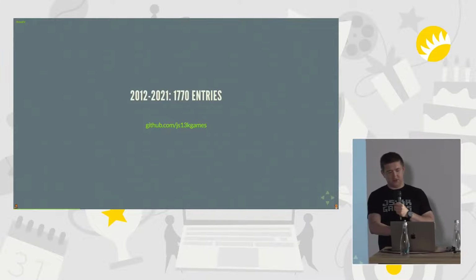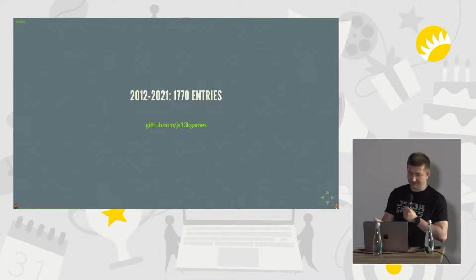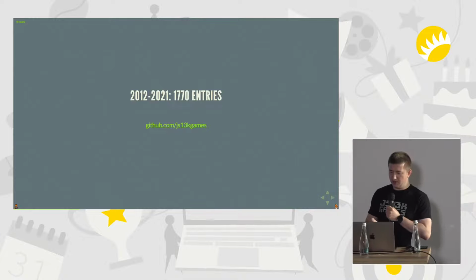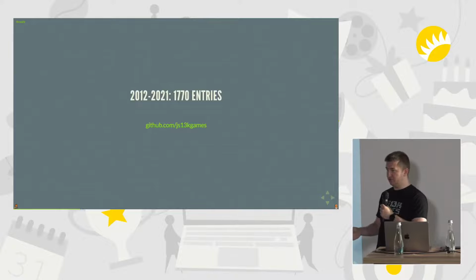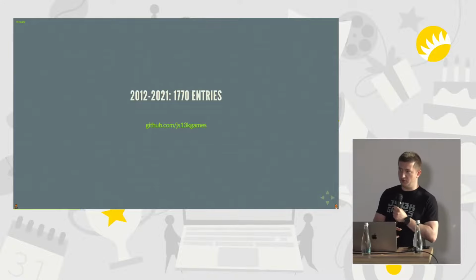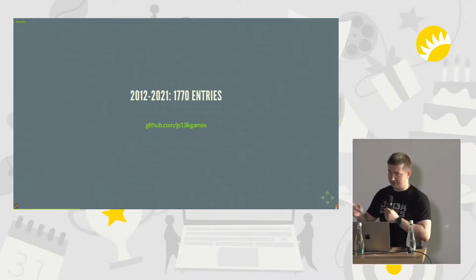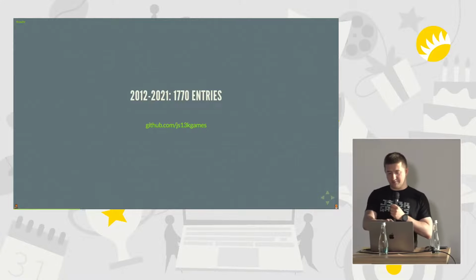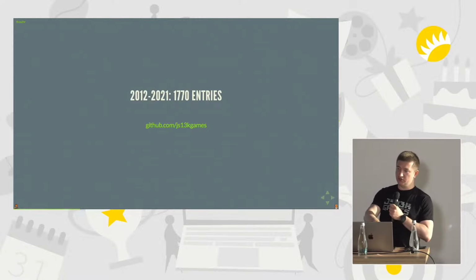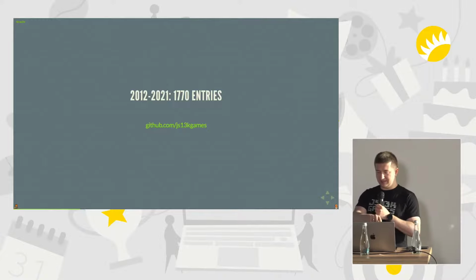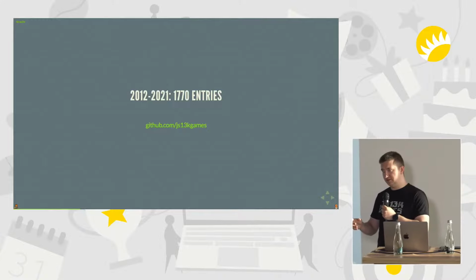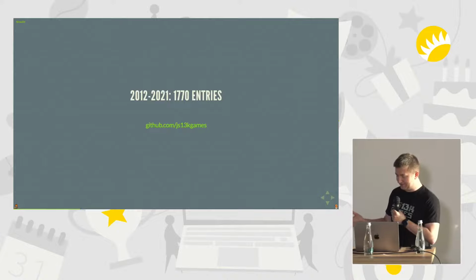So in the span of the past decade, there were 1,770 entries, and every single one of those, including the one that I showed you, is on GitHub, and you can actually check the source code of that game and see how those crazy people built that.